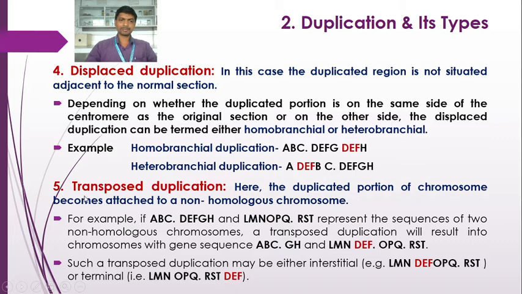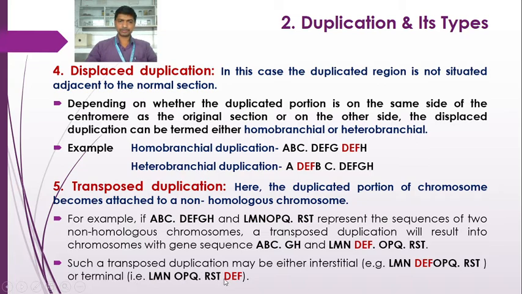This is the effect of transposed duplication. Now if the duplicated portion attached to the non-homologous chromosome is in the middle, it is interstitial. Here it is in the middle, LMN DEF OPQ centromere RST. So it is situated in the middle, it is interstitial. And if DEF is situated at the terminal position, at the end, at the tip of the chromosome, it is a terminal transposed duplication.